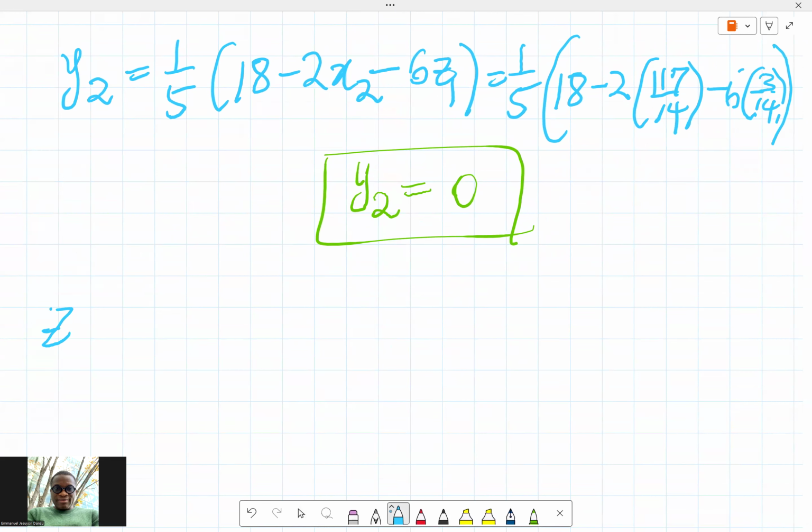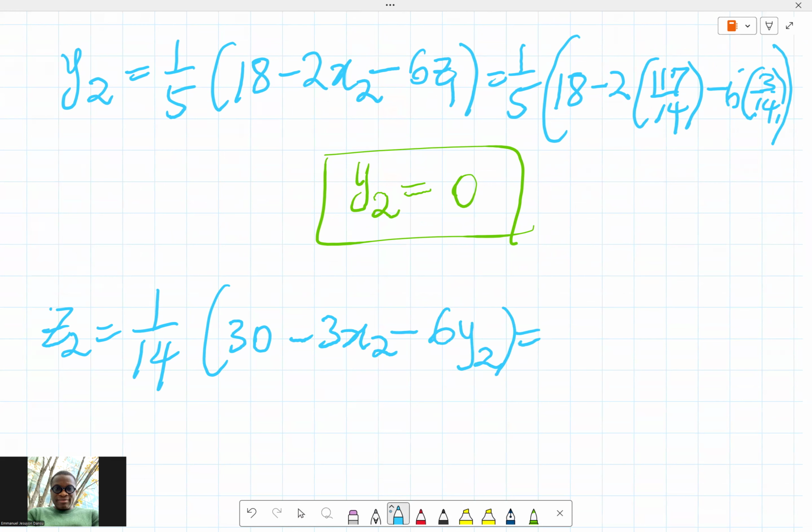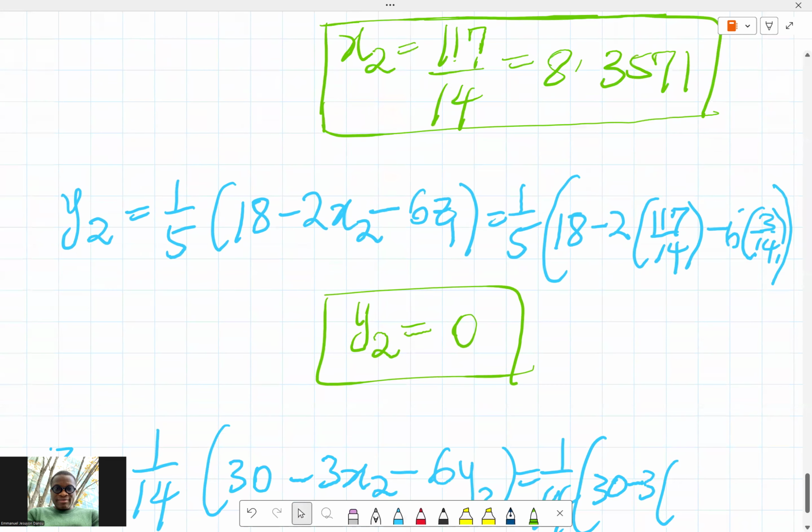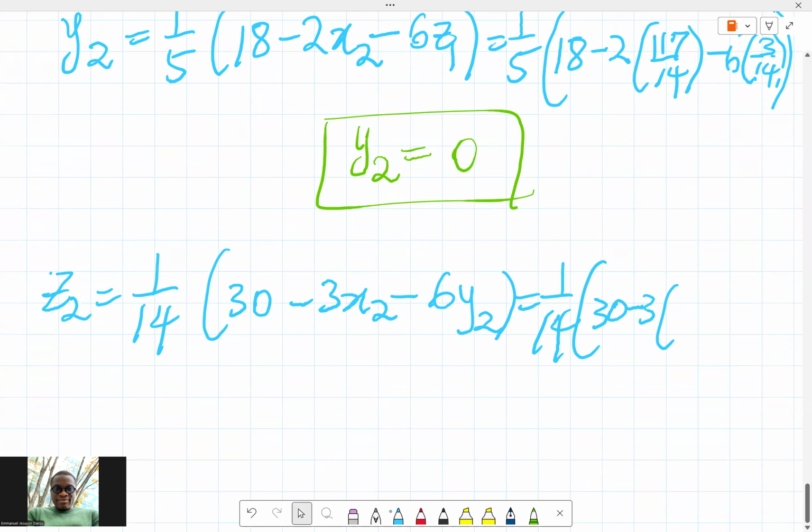For z2, z2 is simply 1 over 14 into 30 minus 3x2, because we have x2 now, minus 6y2, because we have y2 now. So that's 1 over 14 into 30 minus 3 times 117 over 14, minus 6 times y2, which is 0.